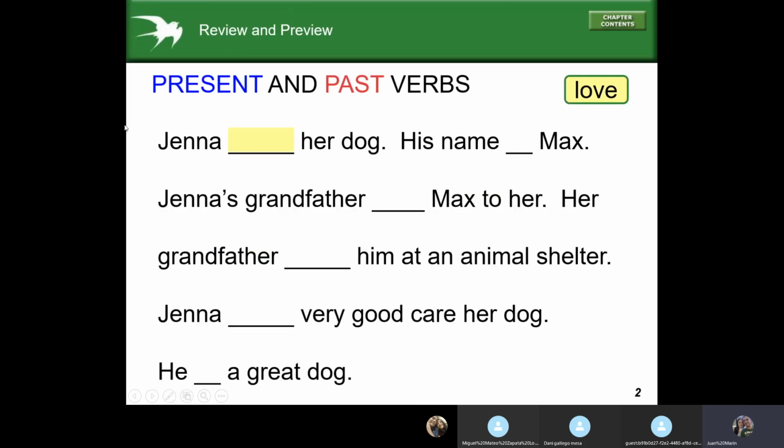Okay, so present and past verbs. Let's take a look at this. We have the verb love. Who wants to read this first sentence?